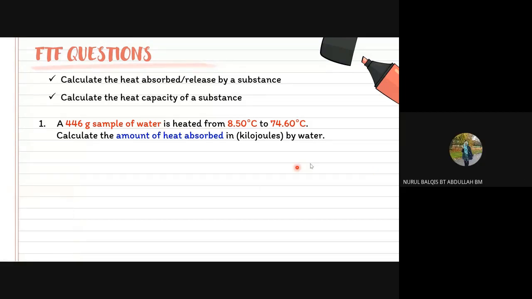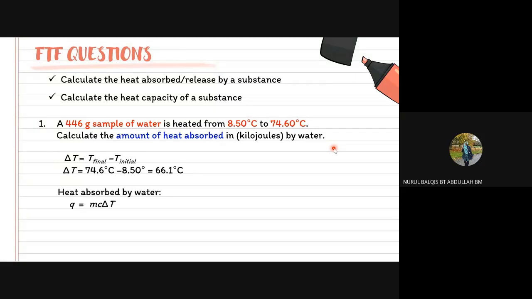Okay, so bila tak ada means kita just rely on formula untuk Q. For Q we have how many formula? Two. One got mass, another one got no mass. Tapi kalau got no mass, your C tu adalah capital C, the heat capacity.